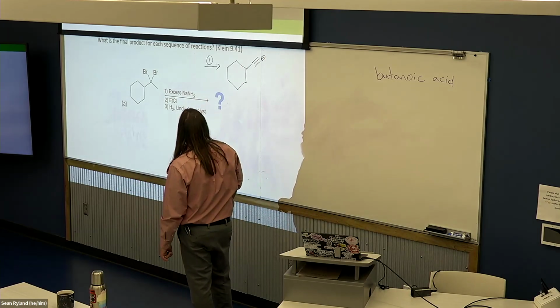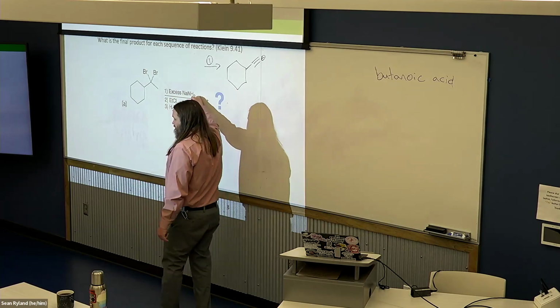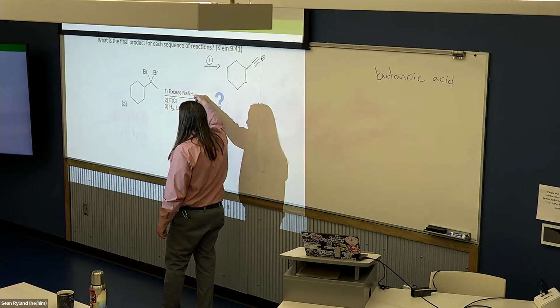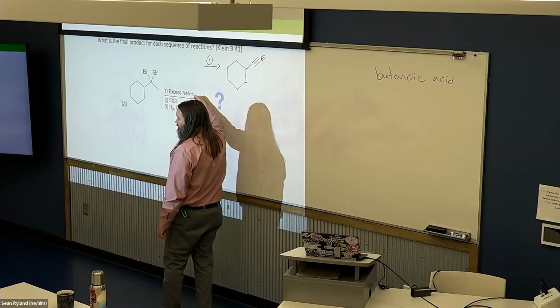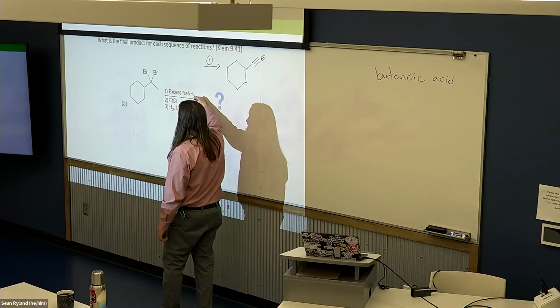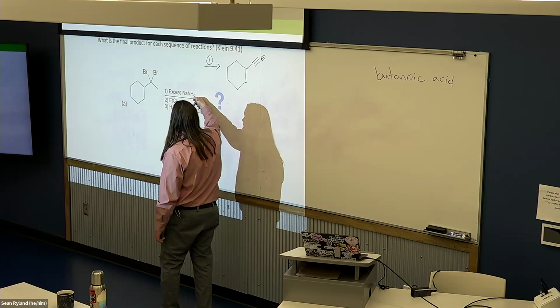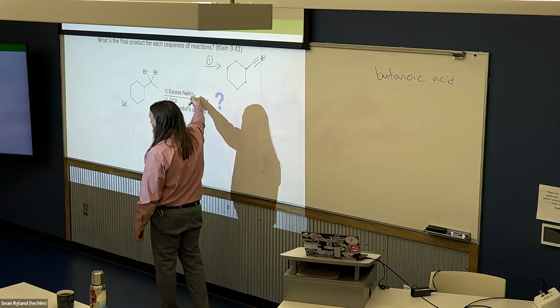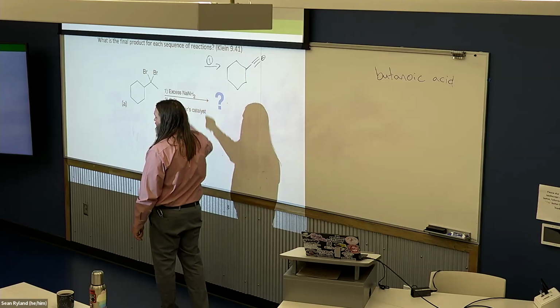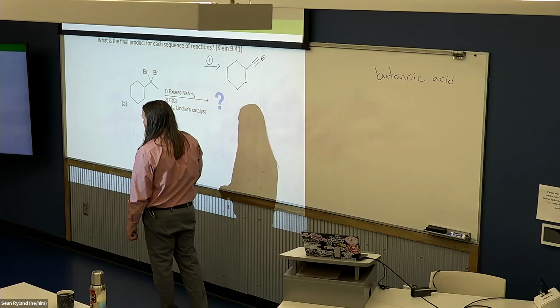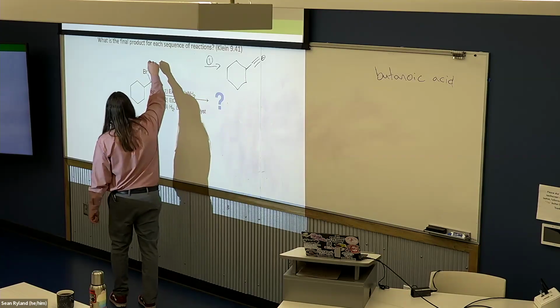Step one, because excess sodium amide, the first thing it does is of course an elimination reaction, making the alkene. Then of course the second elimination reaction makes the alkyne, and then it deprotonates the alkyne. So we're showing every intermediate along the way.